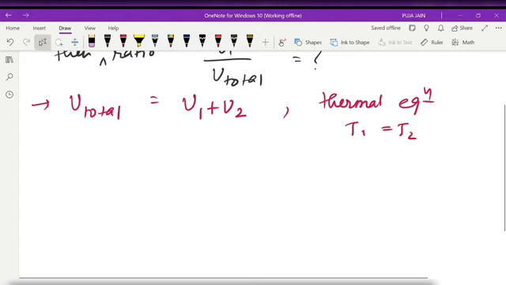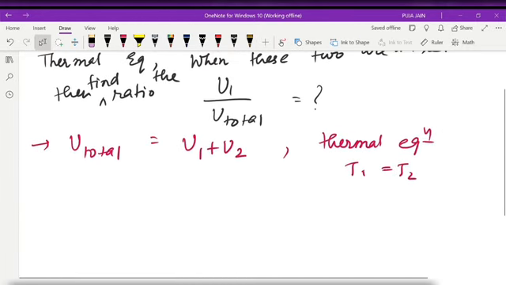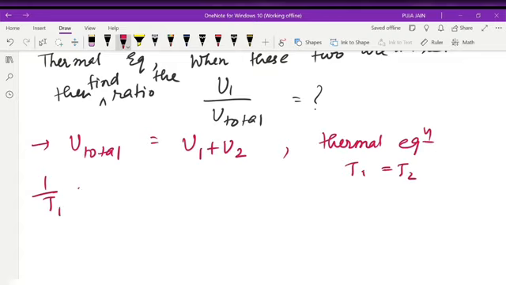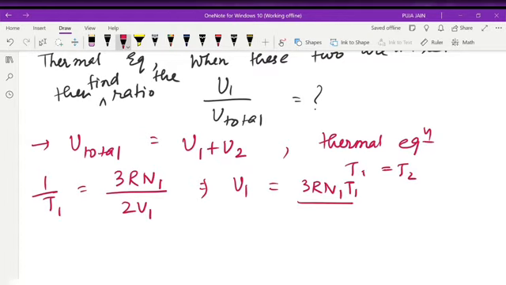That means T1 equals T2. Now we know 1 by T1 given is 3Rn1 by 2U1. From here I can say U1 is equal to 3Rn1 T1 by 2, and 1 by T2 is equal to, they have said, 5R N2 by 2 U2.